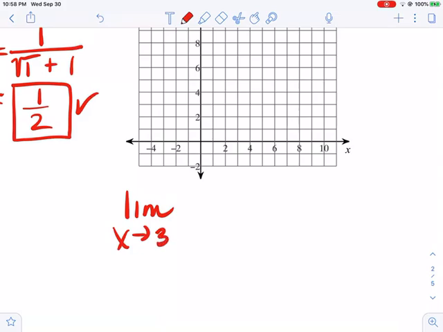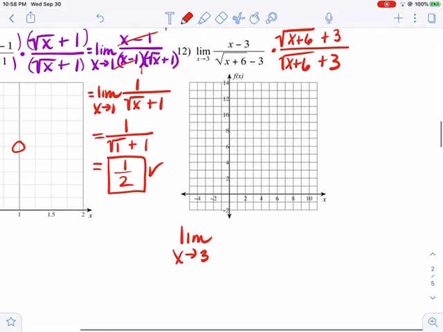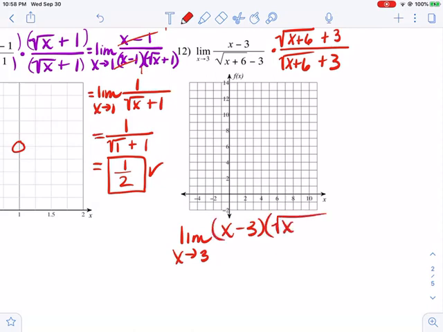The limit as x approaches 3 of, okay, so we're going to leave the x minus 3 in the top, and we're going to write then the square root of x plus 6 plus 3, and then in the bottom, we're going to multiply the difference of 2 squares, which is then going to give us x plus 6, and then that's going to be minus 9.